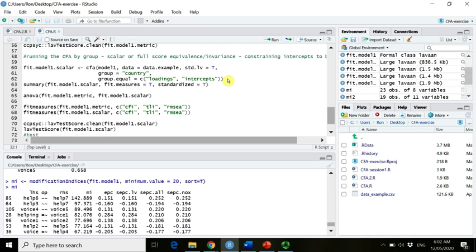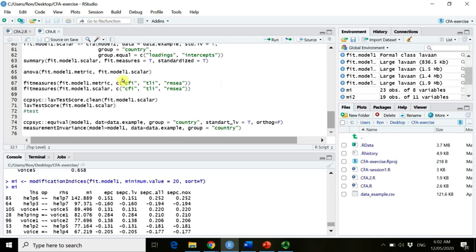We can do this, or we can also test this overall with one single step where we run, for example, the cross-cultural psych package with the equivalence function, right?